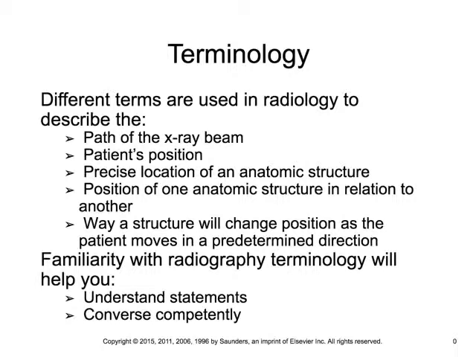I want to differentiate between position of the patient and projection. When we talk about an AP or PA projection, we're talking about the path of the X-ray beam, not the actual positioning of the patient. A lateral projection means the path of the X-ray beam is incident on the patient's lateral side.